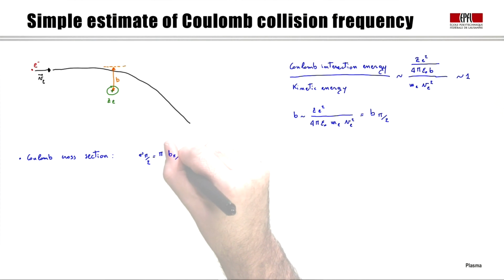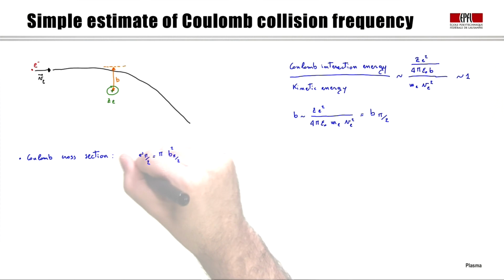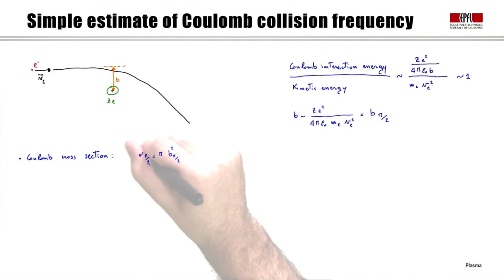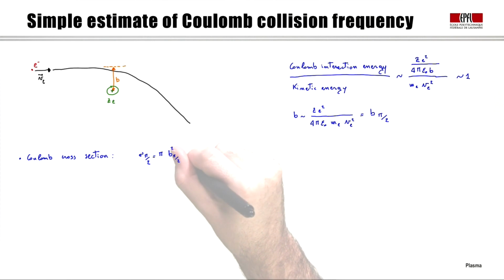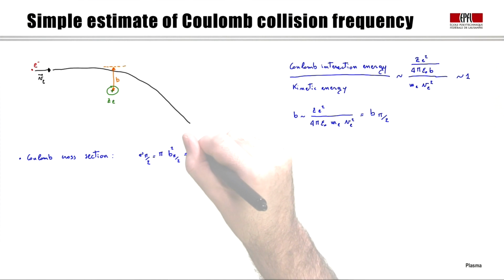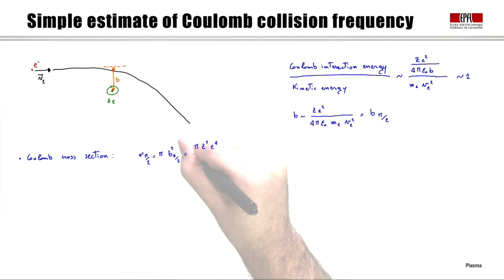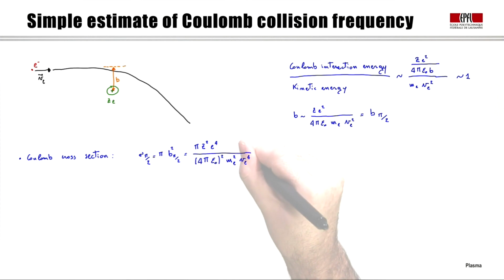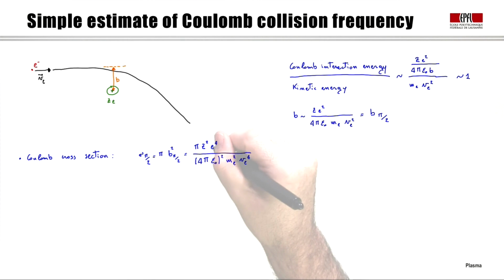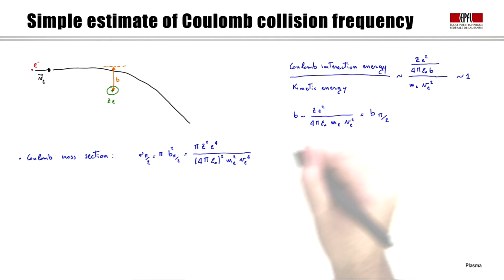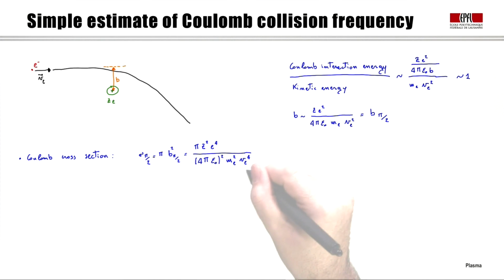We will call this cross-section, as it's associated to the b pi over 2 parameter, sigma pi over 2, and therefore, using the expression that we have just given, it will be given by pi Z squared e to the power 4 over (4 pi epsilon 0) squared m_e squared v_e to the power 4.